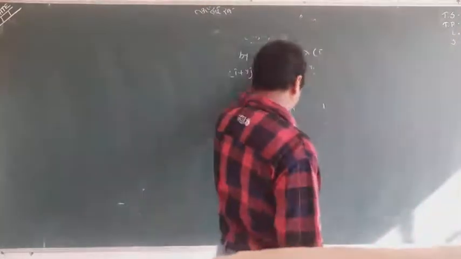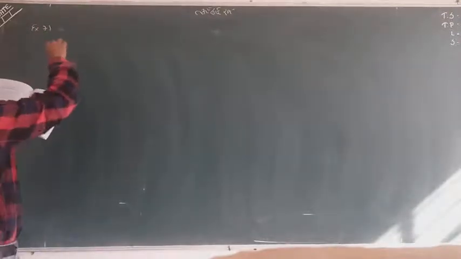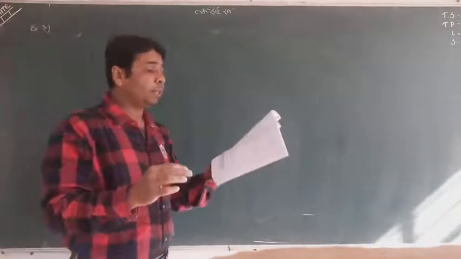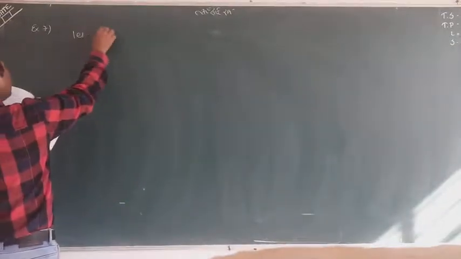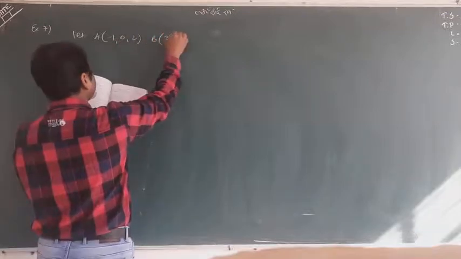Let's look at one question from the book. What kind of question will come? Look at it, I tell you. That is example number 7. Find the vector equation of the line passing through A (-1, 0, 2) and B (3, 4, 6).